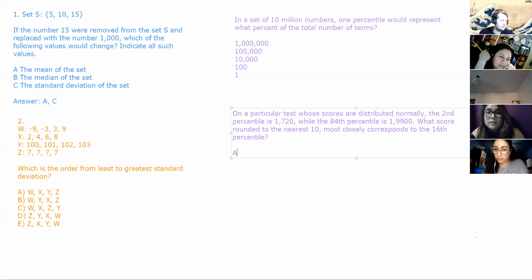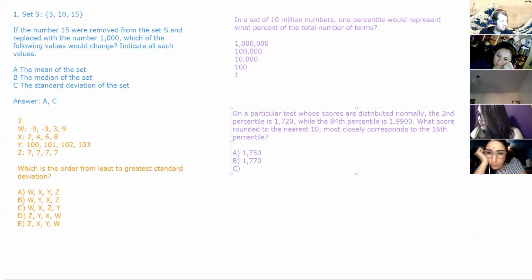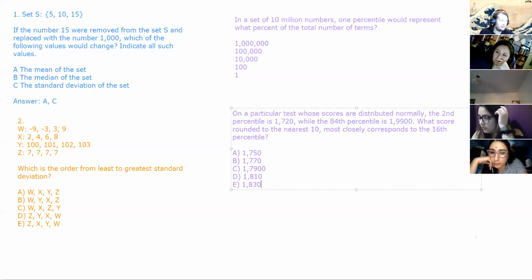So we have again a percentile. Yep. So, excuse me, 810 and the 1,830.